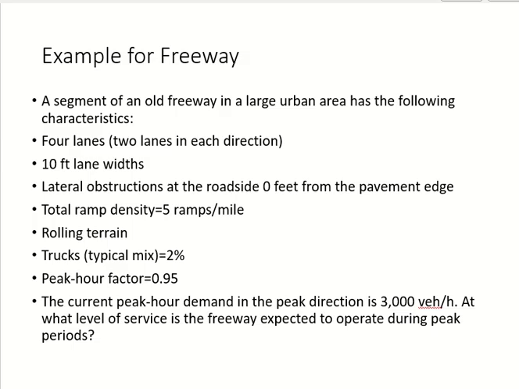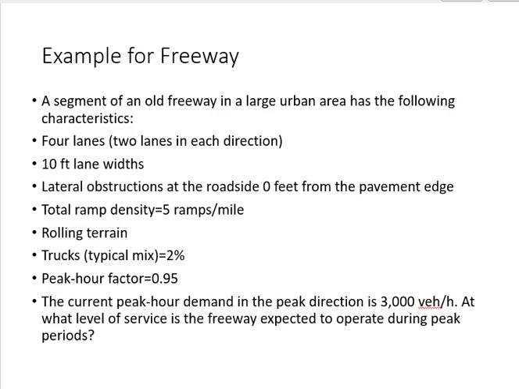Let me summarize what we did. This was the question. The highway data was given. You are required to calculate level of service. First thing you do is find out free flow speed if it is not given. Second thing is you find out VP. For VP you need the factor for heavy vehicles. So this is what we found.